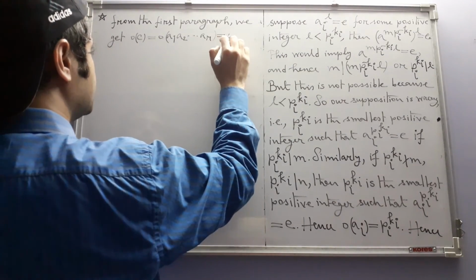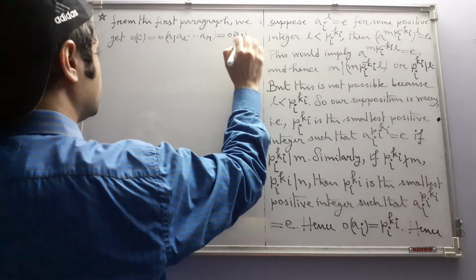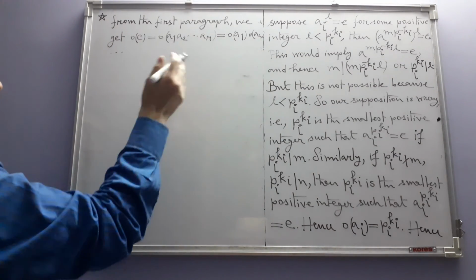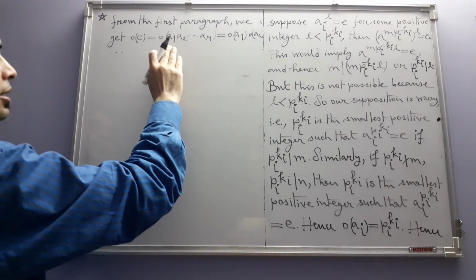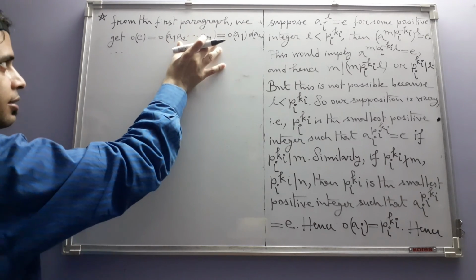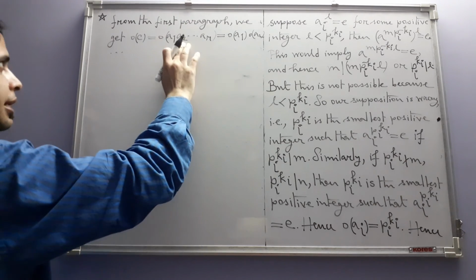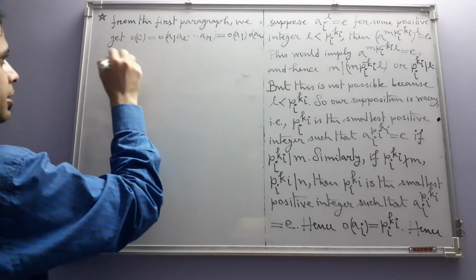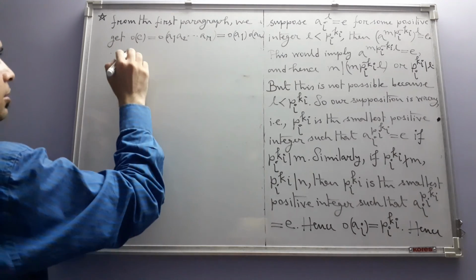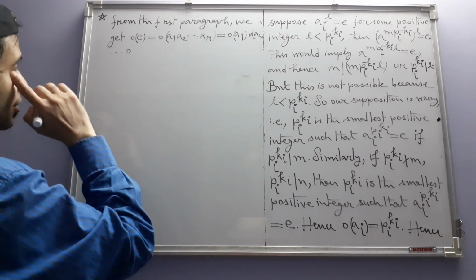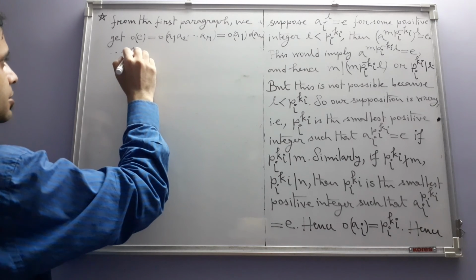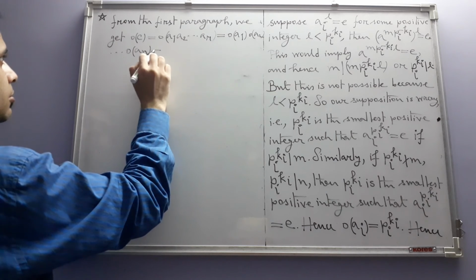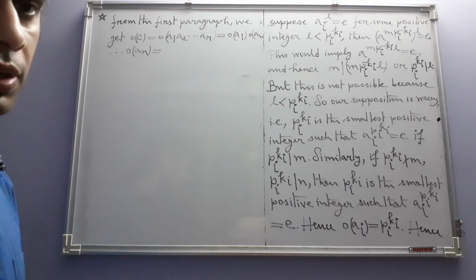By the first paragraph, this is equal to order of a1 times order of a2. So what we did in the first paragraph, we are applying again and again: first to the elements a1 and a2, then to this product and the elements a3, a4, up to a_r. Like that we went on, and a full application of that result in the first paragraph a sufficient number of times gives us this. And these are orders we have already found.